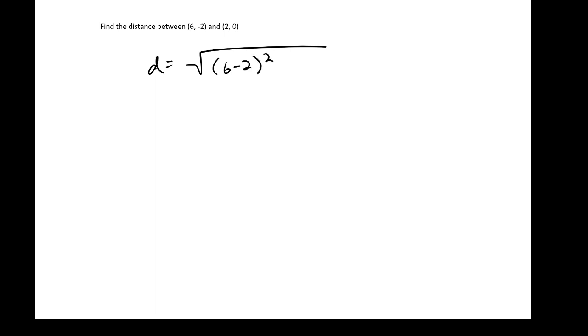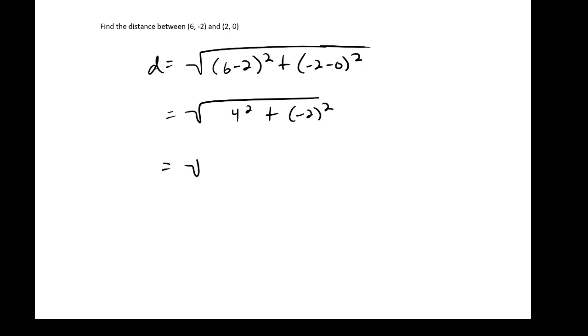And here's how we do it. D, distance, is equal to the difference of my x's, 6 minus 2 squared, plus the difference of my y's, negative 2 minus 0 squared. 6 minus 2 is 4 squared, plus negative 2 squared. This is just the distance formula.